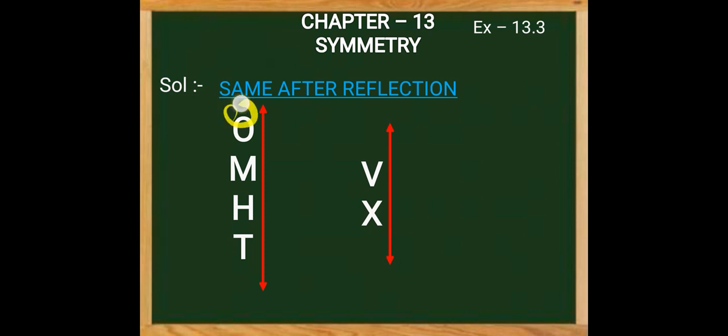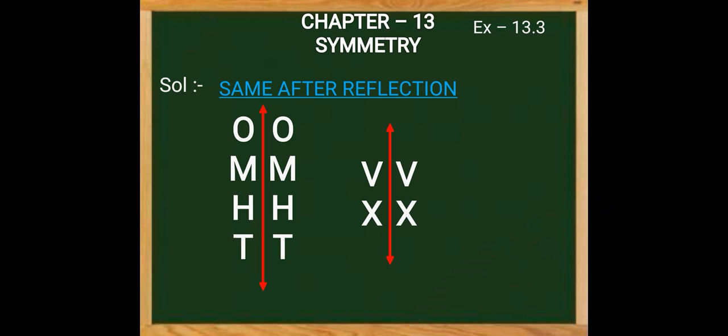These are the original letters. Let's check what they are making in their reflection. O, M, H, T, they are the same before and after reflection. Let us try for V and X. So here are V and X, even they are the same after reflection. See, can you see? They are the same after reflection. So we'll say O, M, H, T, V, X are the letters which are the same after reflection.